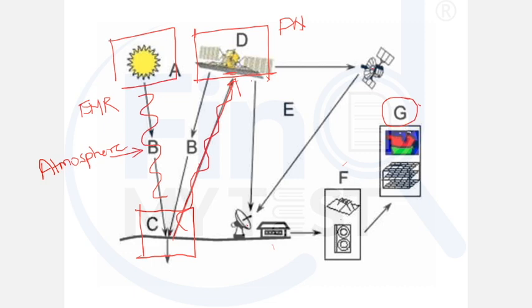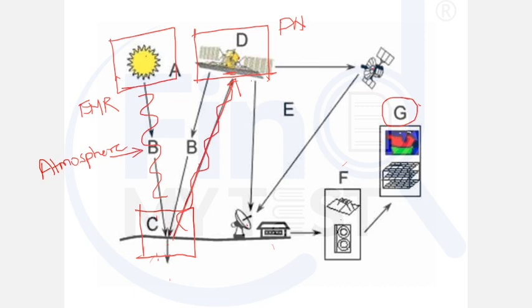So remember this: when the sun is the source of energy, it emits electromagnetic radiation that hits the Earth's surface, and then it is reflected back or absorbed, and this absorbed energy is again emitted by the Earth's surface and sensed by the satellite. So the satellite senses both emitted and reflective energy.